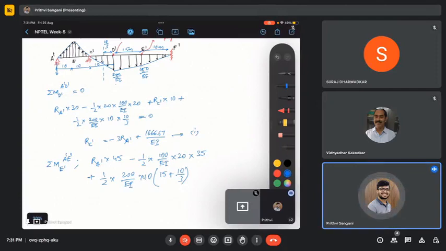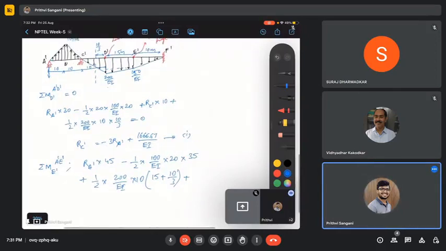Then what do we have again? Yeah, we have one more coming here because there is some kind of a trapezoid. You can see here there is some trapezoid load here. So let us divide it into triangular and also a rectangular load. So what we have, first rectangular load 150 by EI times 15 times 15 by 2, that is 7.5, plus half 200 minus 150, that is 50 by EI.